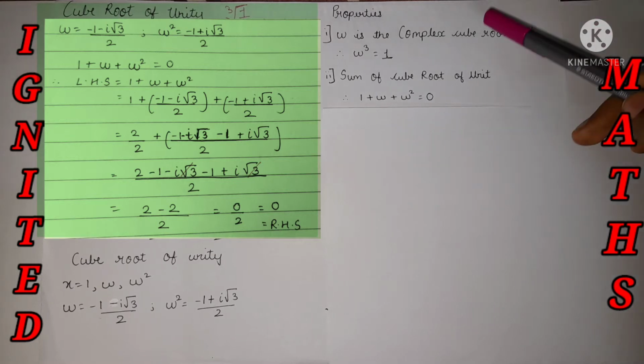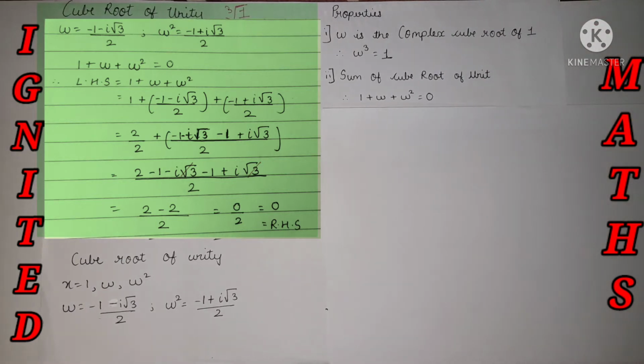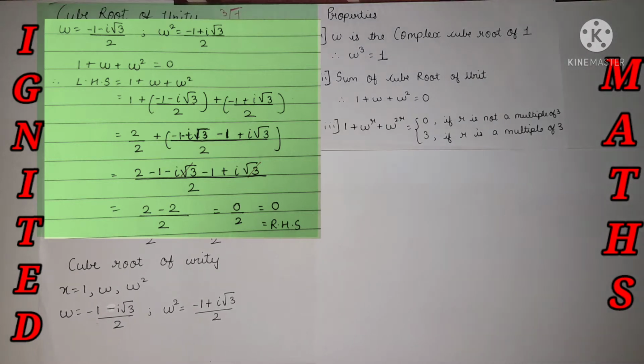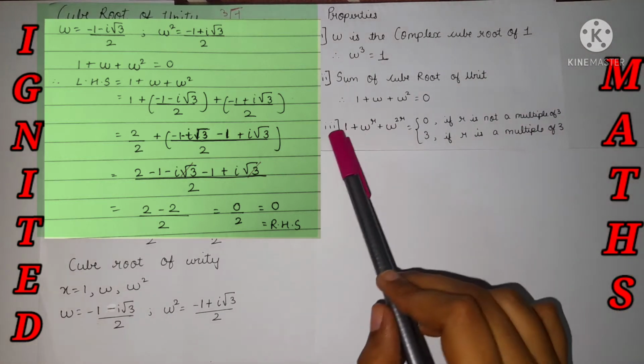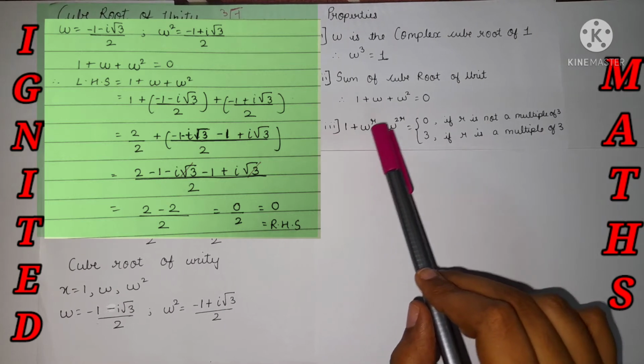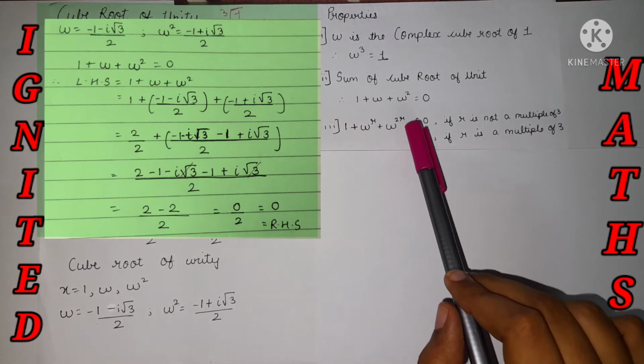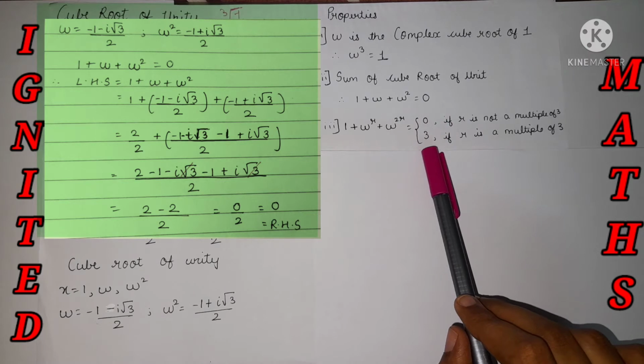Now I have completed the two important properties. As I have already mentioned, these two important properties are the pillars for the cube root of unity properties. There are more similar properties in which these two properties are the pillar. Now the third property is over here: 1 plus omega raised to r plus omega raised to 2r is equal to 0 or 3.